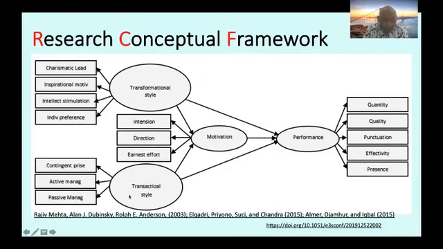It is also two, transactional style, motivation and performance. The four variables were developed from the dimensions and indicators from many previous researches, as you can see from the slides.